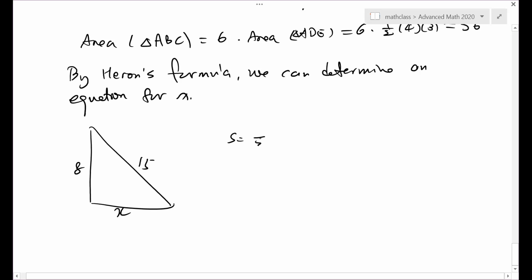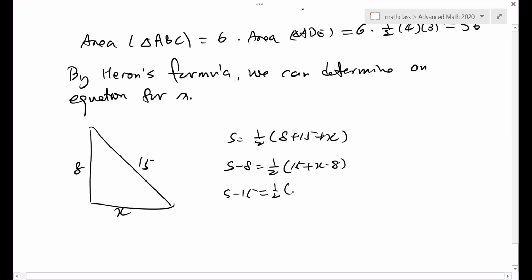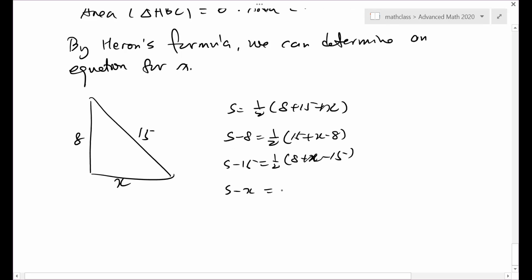So s, half of the perimeter, is (8 plus 15 plus x) over 2. Then s minus 8 is (15 plus x minus 8) over 2. s minus 15 is (8 plus x minus 15) over 2. s minus x is (8 plus 15 minus x) over 2.